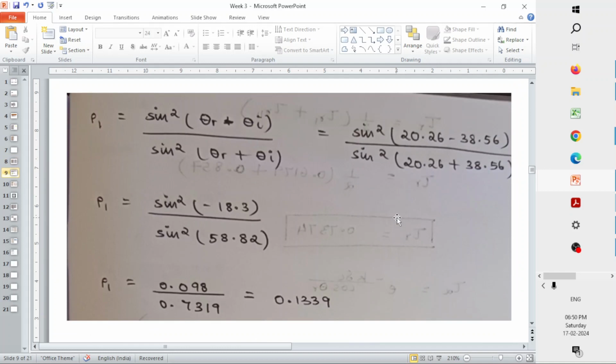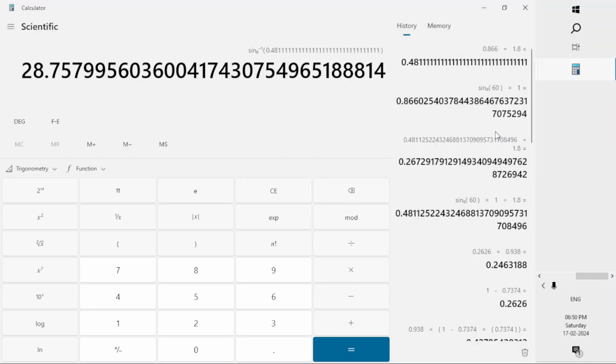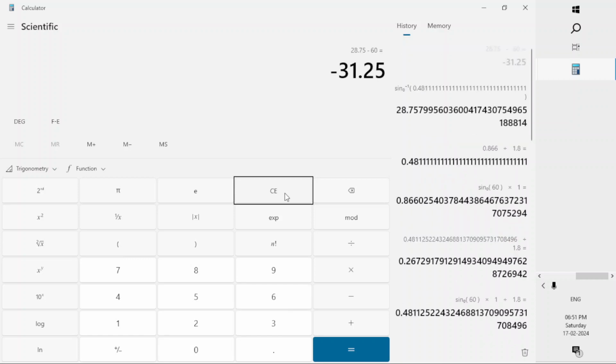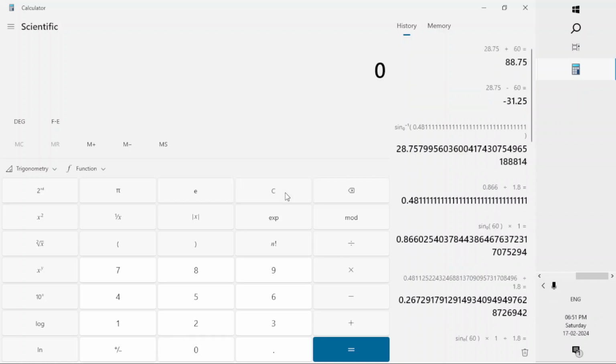Rho 1 is sine square of theta r minus theta I divided by sine square of theta r plus theta I. So theta r is your 28.75, right? So 28.75 minus 60, that will be minus 31.25, and 28.75 plus 60, that is 88.75.